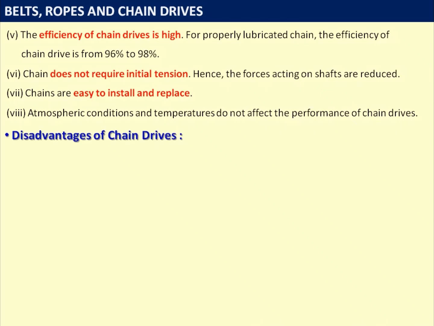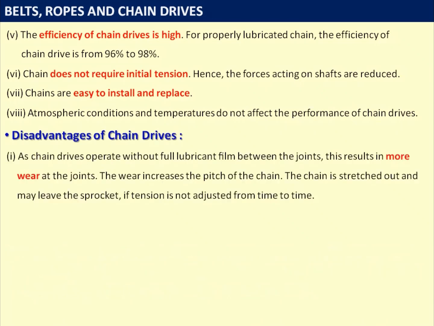Now let us see the disadvantages of chain drives. As the chain drives operate without a full lubricant film between the joints, this results in more wear at the joints. This wear increases the pitch of the chain, and therefore the chain is stretched out and may leave the sprocket if the tension is not adjusted from time to time.